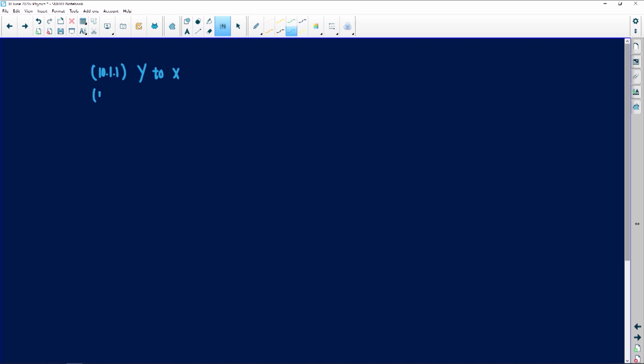And that is 10.1.2. And this is Faraday's law of electromagnetic induction.